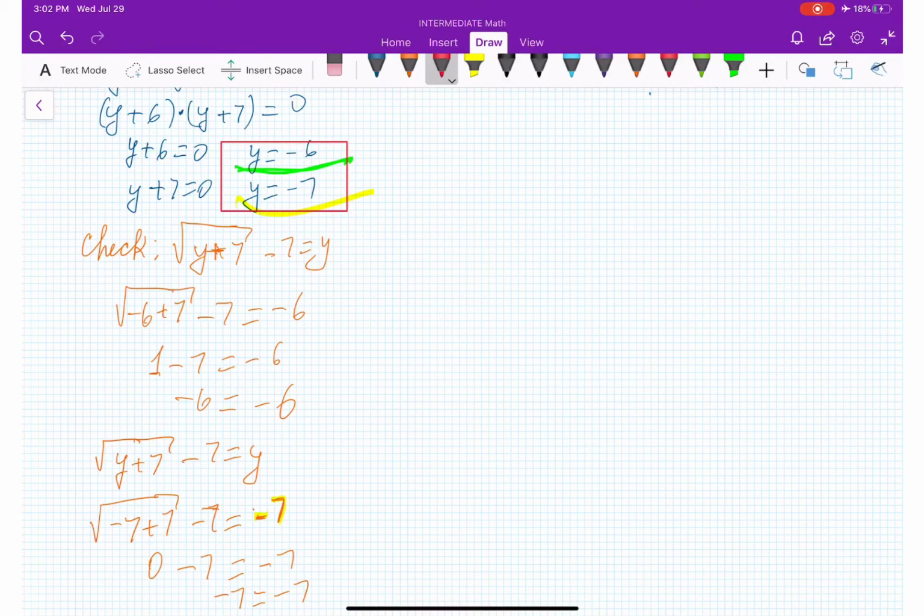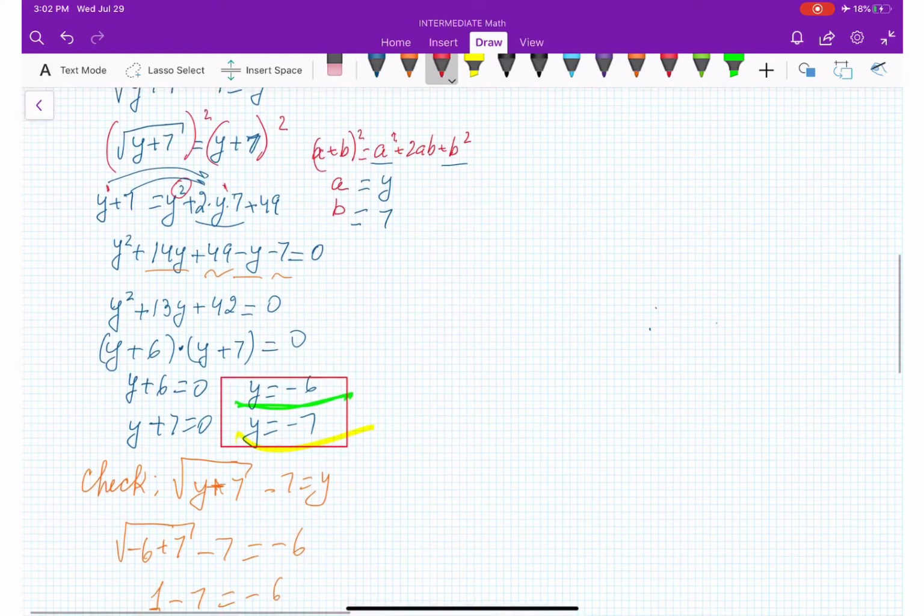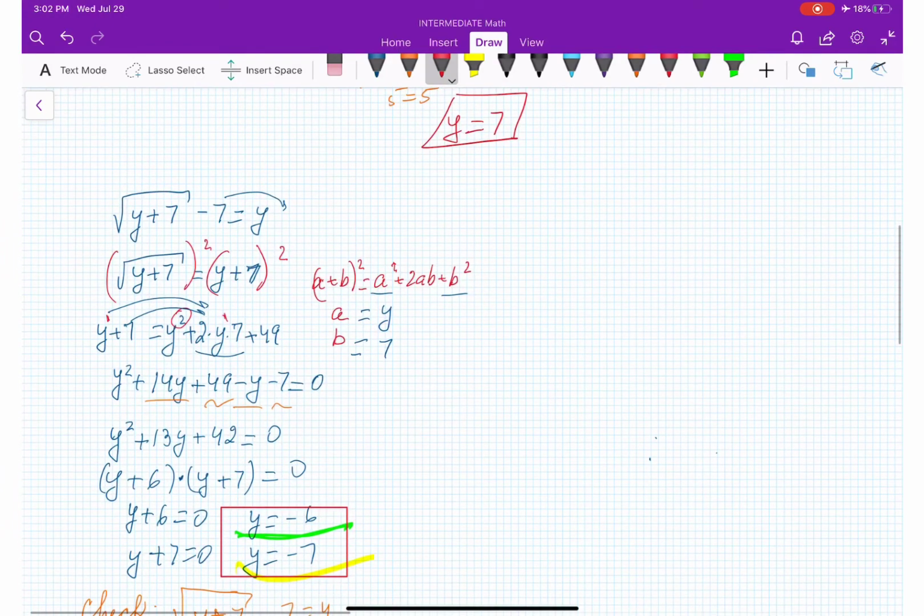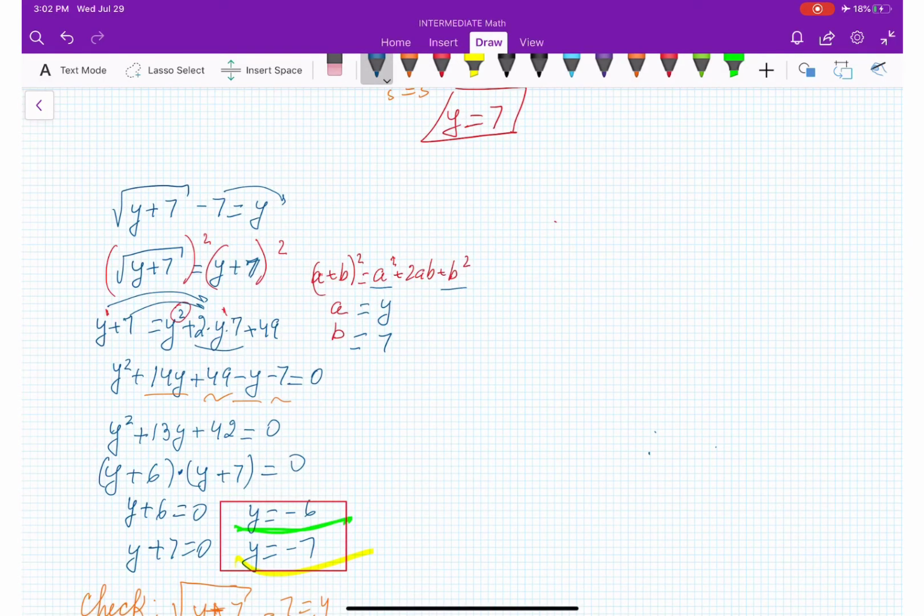Square root 4x squared minus x is equal x.